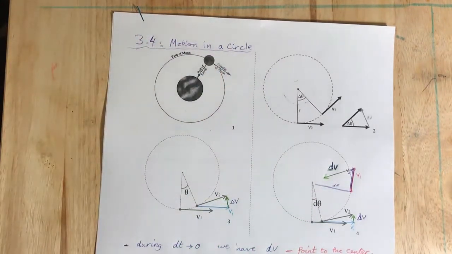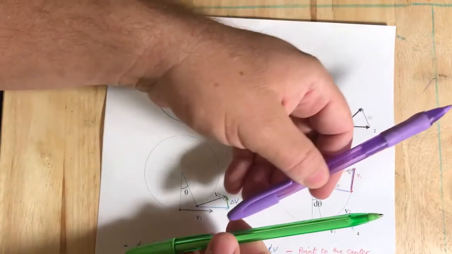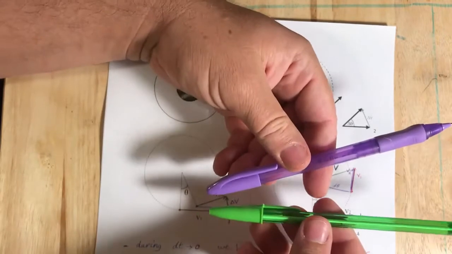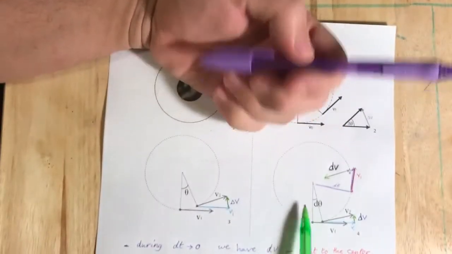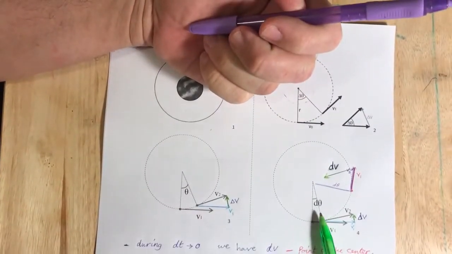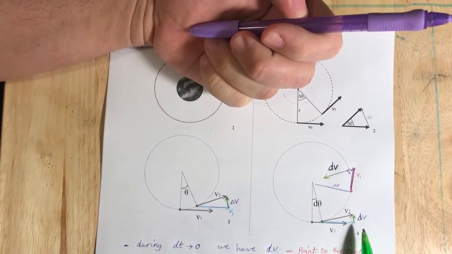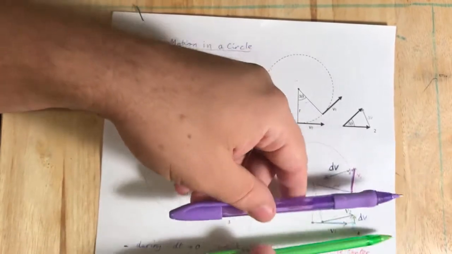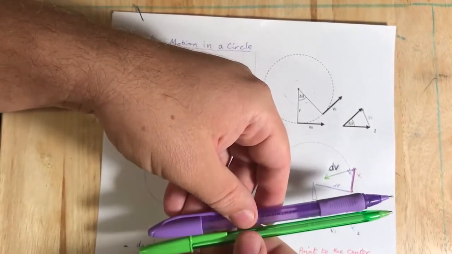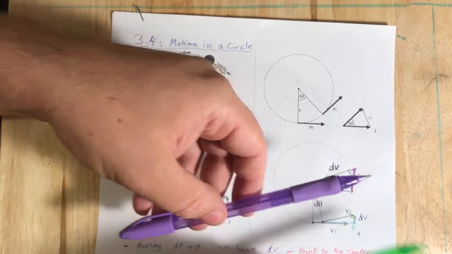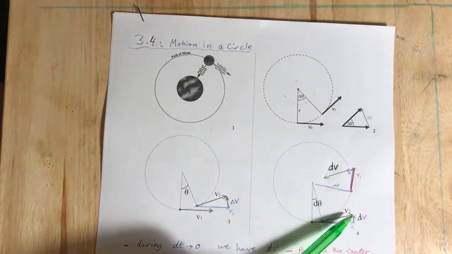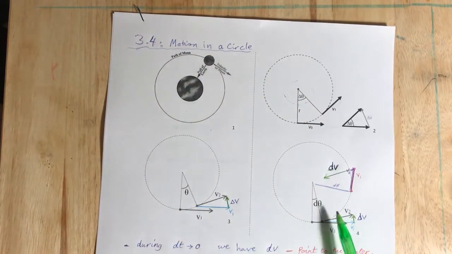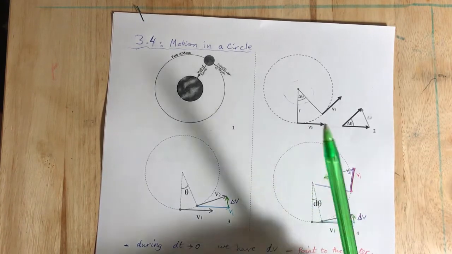What if we have a velocity and we take dt, not delta t, we have d theta, or also dt after a short time. Then the two vectors v1 and v2 will be almost the same, and the direction of the change in velocity will point to the center of that circle.